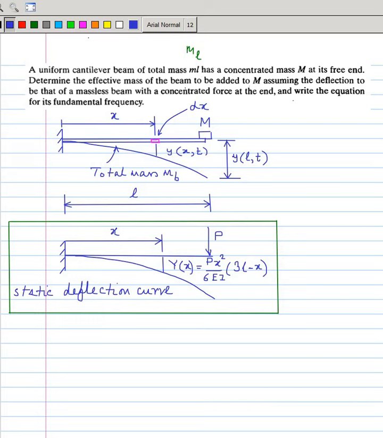At this point the deflection is y(L,t). So y(L,t) is some amplitude Y_L into sine omega_n t, because it vibrates with its natural frequency. This is the amplitude and this is the time function, and y(x,t) is nothing but Y(x) sine omega_n t.